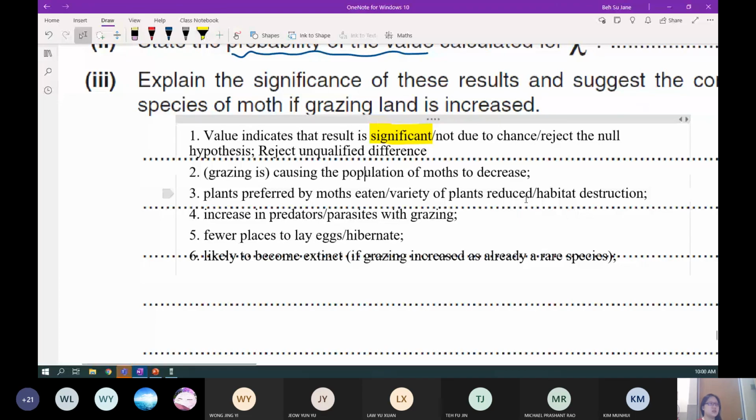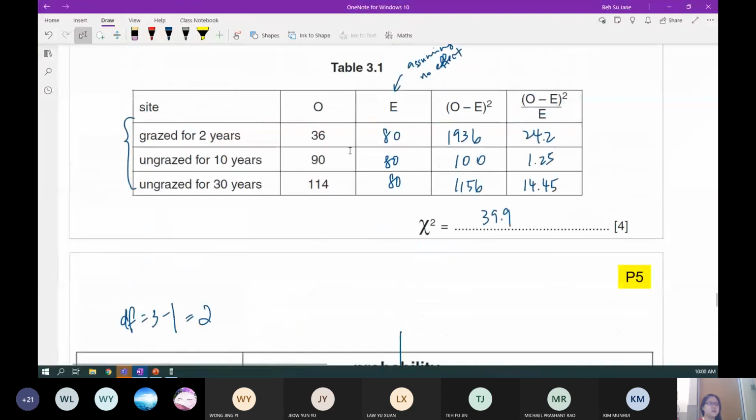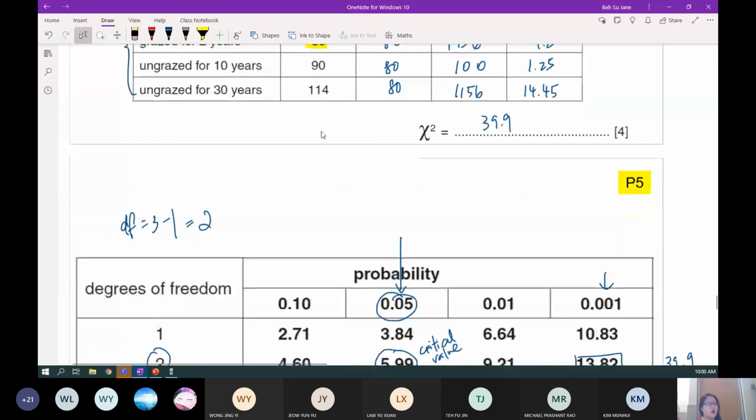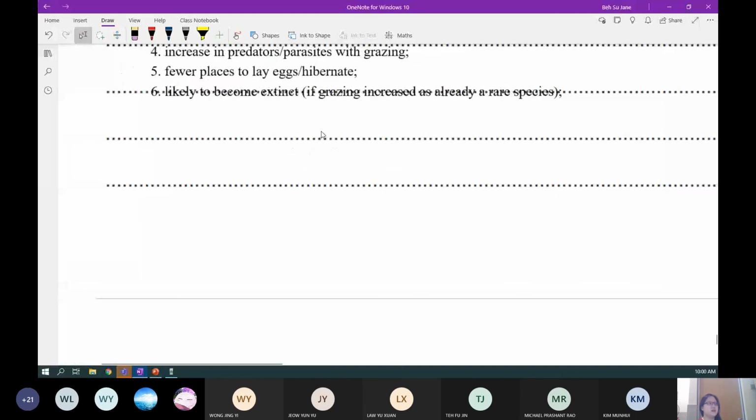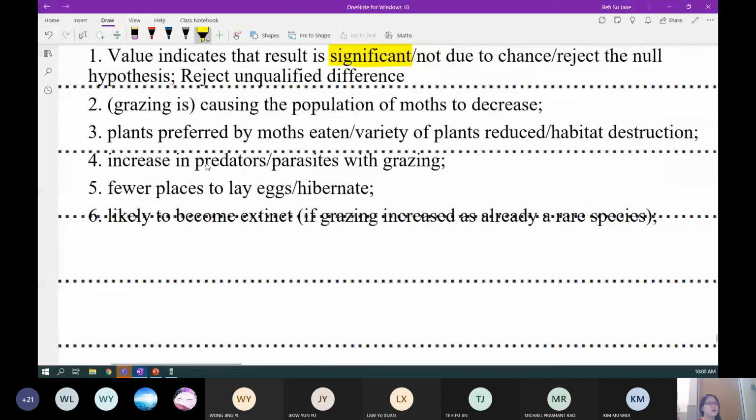Suggest the consequences of the morph if grazing land is increased. So what it's saying is that if it's grazed, there are much fewer morphs. So what is the consequence? Maybe it's causing the population of moths to decrease.